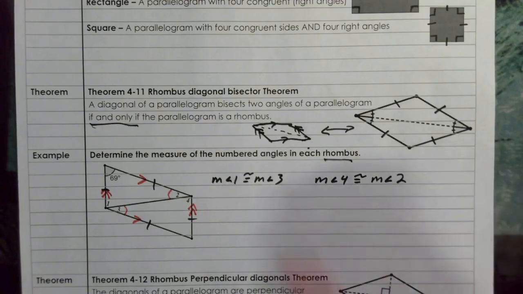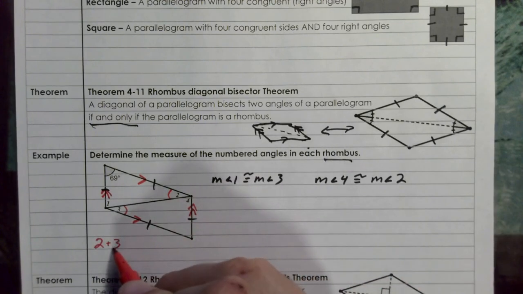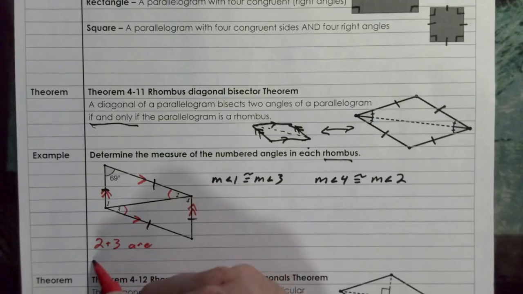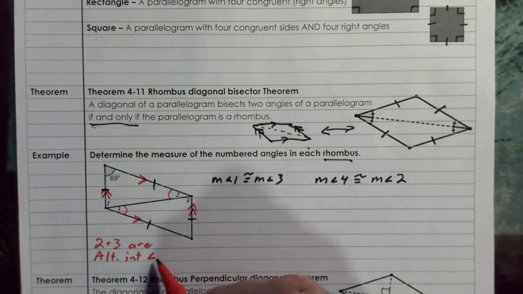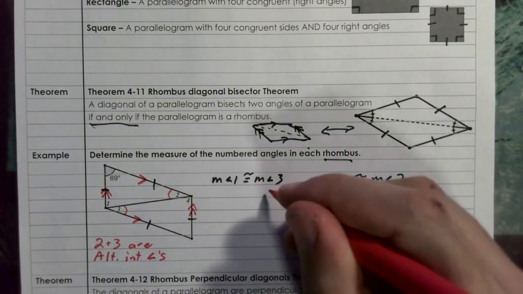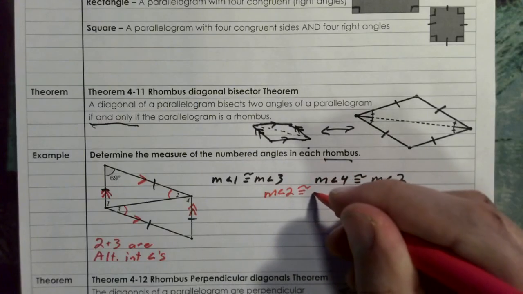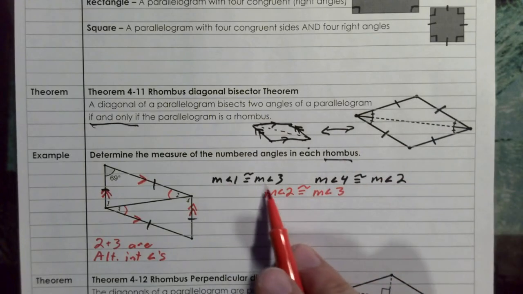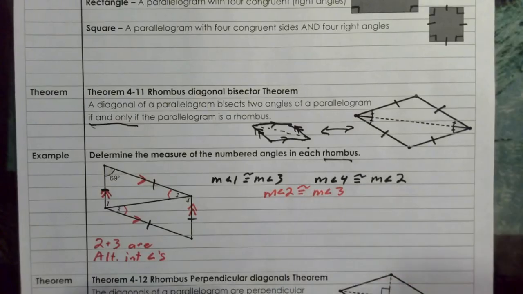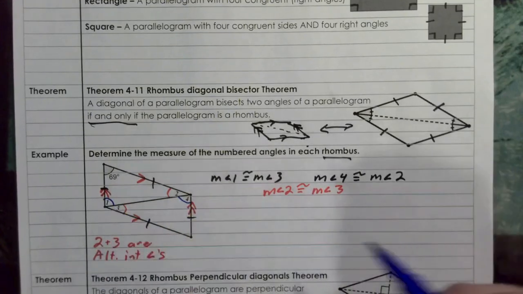Well, hey, guess what? 2 and 3 are alternate interior angles. So that must mean the measure of angle 2 has got to be congruent to the measure of angle 3. So, 2, 3, and 1 are all the same. I wonder if 4 is different. No way. It is also alternate interior angles with 1.